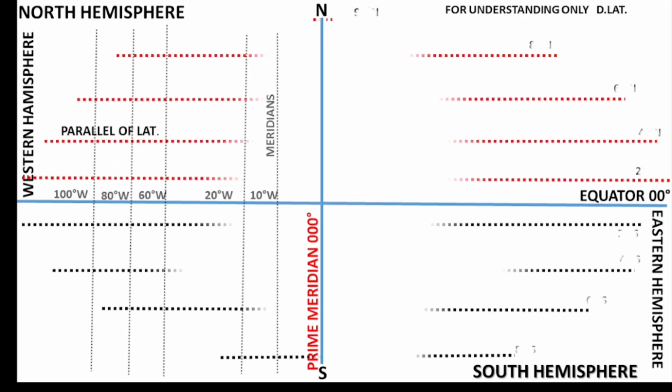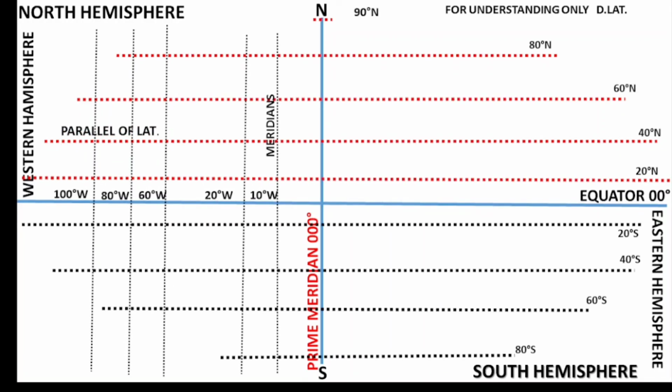And when you make them straight, what effect the straightening of longitude has on latitudes, we'll discuss when we talk about Mercator projection. Though here I'm just trying to show you all equidistant, which is not a fact. In a chart, it looks different. But to understand what is D lat and D long, I have made the latitudes running east and west, and longitudes running straight north and south.